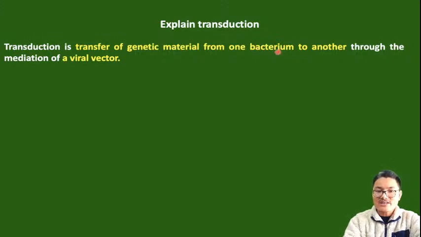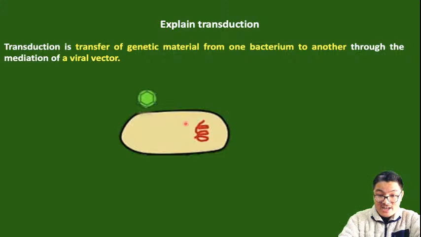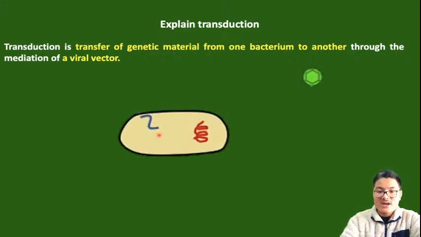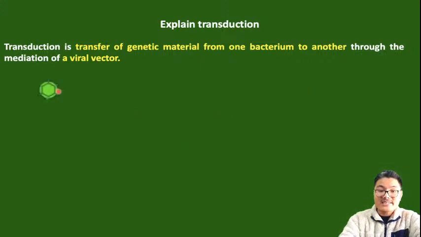Suppose this is the virus carrying a gene of interest, and we have to insert a particular desired gene into this bacterial cell. Then the virus will inject the DNA, so only the DNA which is required is injected into this bacterium. That process is called transduction. There is an active role played by a virus, and that is the viral vector.